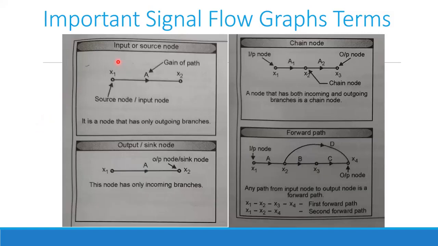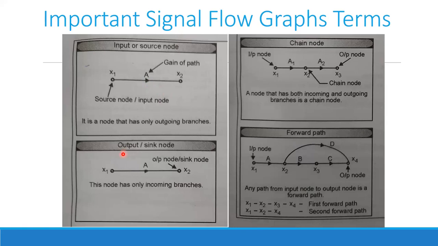So, input or source node. All of you know what is source node or input node. A node with all outgoing arrows or all outgoing branches is called a source node. So here in this figure, x1 is your input node where all the arrows are going out. Similarly, its opposite is the output or sink node.